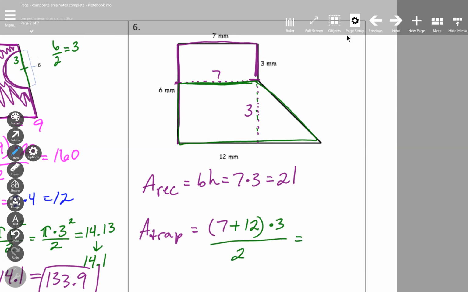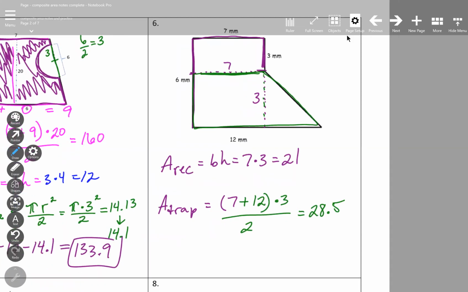And we divide by 2. So 7 plus 12 is 19 times 3, divide by 2, and we get 28.5. And so now for the total area, it's just taking these two and adding them. So 21 plus the 28.5. And so you would get 49.5, and it's millimeters squared.